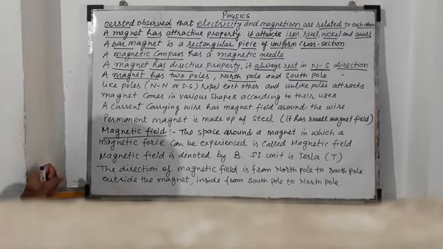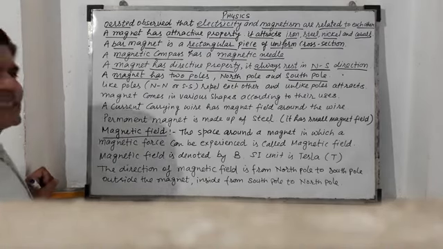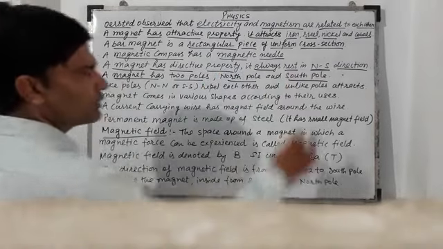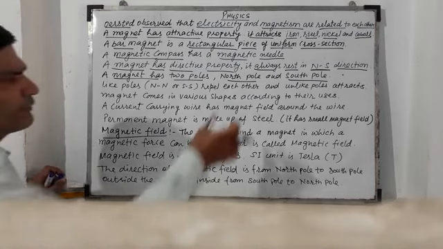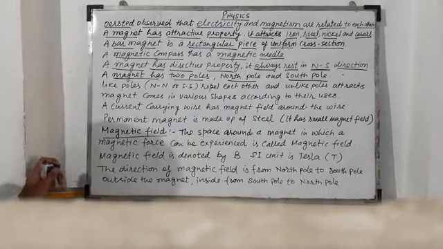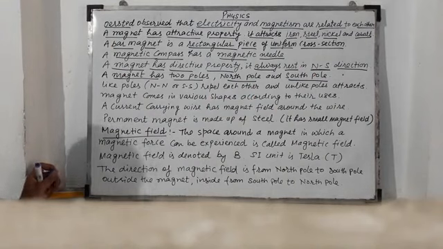For example, if we say that a magnet has only north pole, then this is wrong. Always a magnet has two poles, north pole and south pole. If we break a magnet into very small pieces, then the small pieces also have north and south pole. So a magnet has two poles.